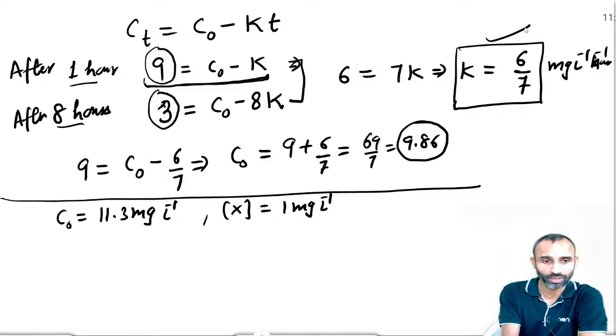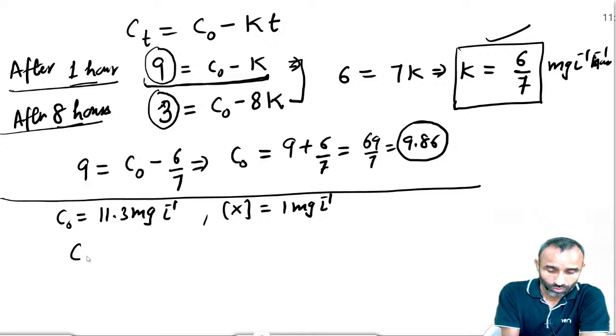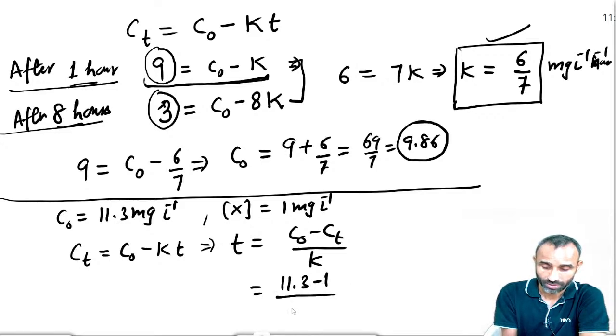So Ct equals C naught minus kt, so t equals C naught minus Ct by k, which is 10.3 into 7 by 6.